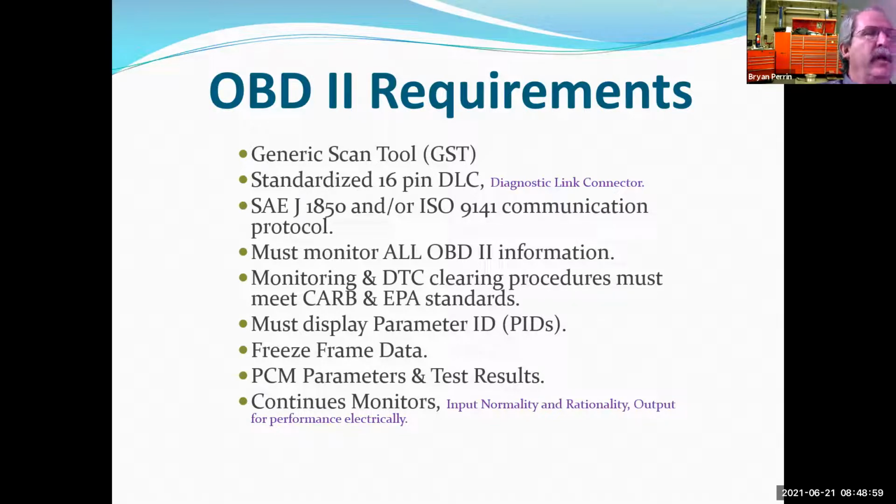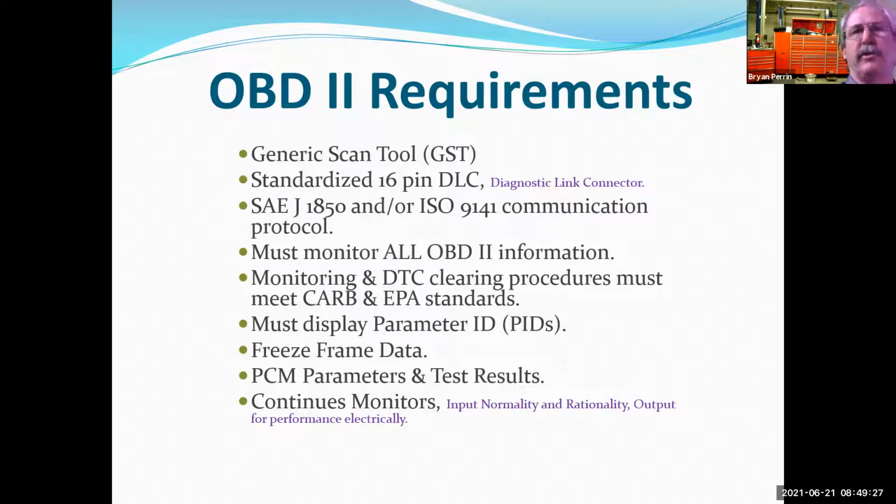We also look at the position of my throttle compared to how much air is coming through the mass airflow sensor and my engine RPM. And there's a triangle there where these numbers have to match. And if they don't match, the computer's going to set a code, which may just be a code saying, look, one of these guys is lying to me because this and this don't add up. Or they might just set a code for something like a mass airflow sensor because that's how the engineers wrote the program.